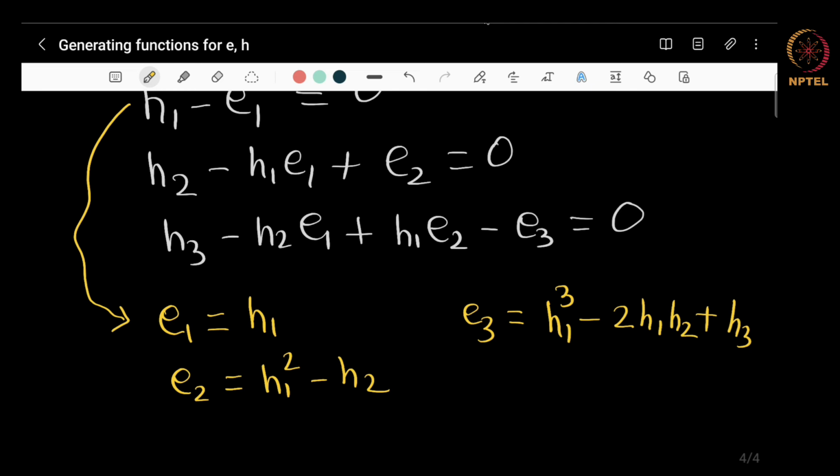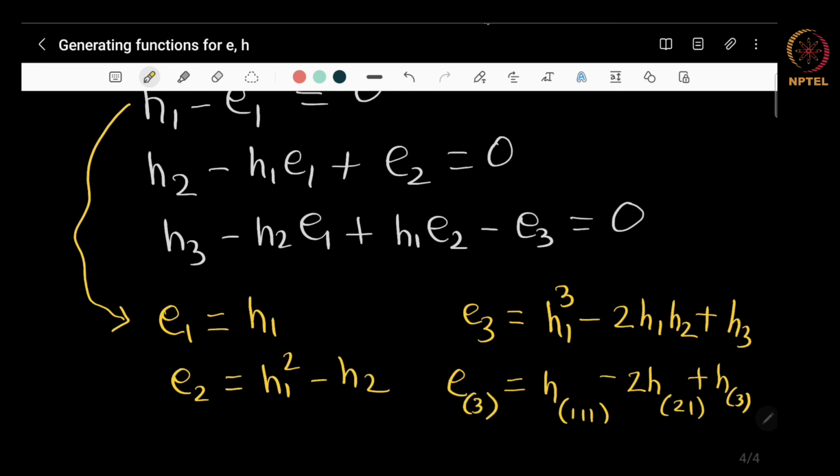And the nice thing with this is the following. What is h1 cubed? This is just h corresponding to the partition 1 1 1, by definition. This is 2 times h corresponding to the partition 2 1, plus h corresponding to the partition 3. And this is really e corresponding to the partition 3.